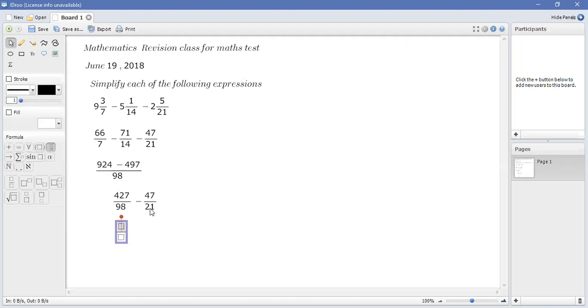So now we're going to multiply the 21 times the 427. How much does that work out to be? 21 times 427. 8,967. Yeah. 98 times 47. 4,606.